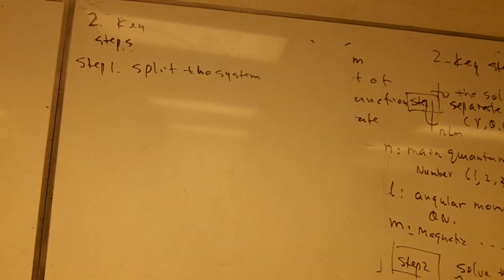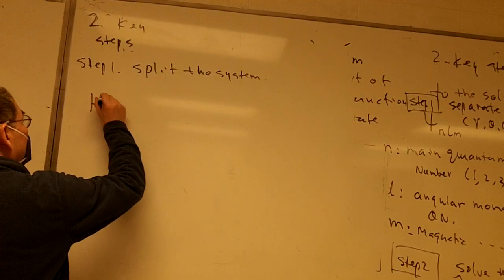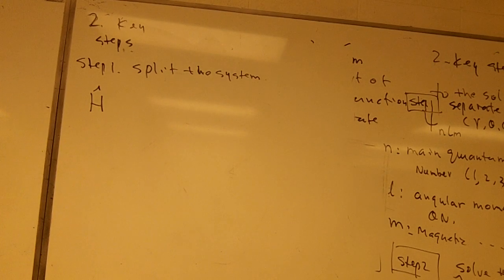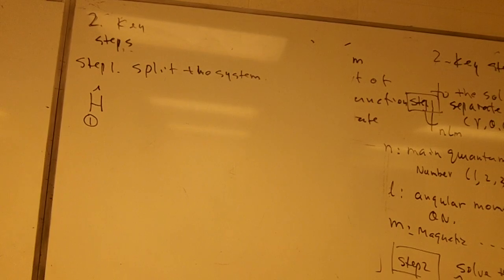What do you mean by a split system? Well, suppose my original system is represented by H. So this is the original system. This belongs to system 1, in other words, the entire system.